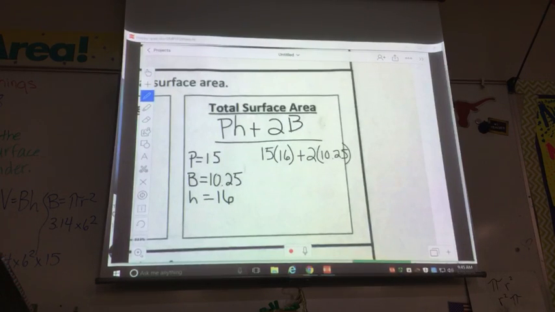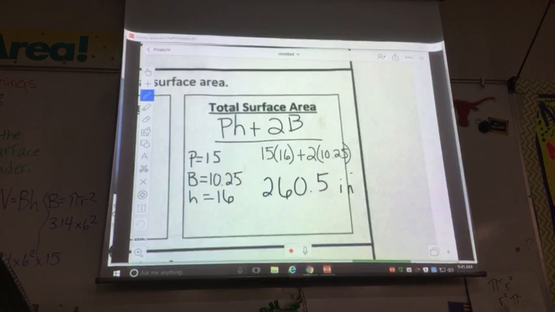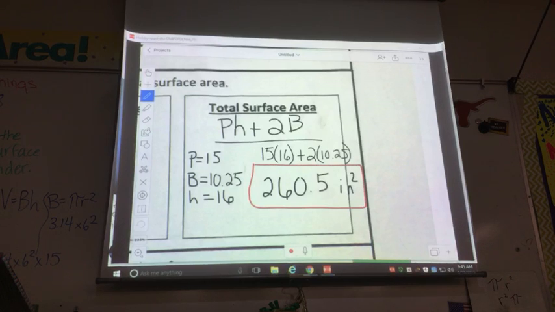And you're right, we get 260.5. That's inches squared, okay? So that's how we find the total surface area, okay?